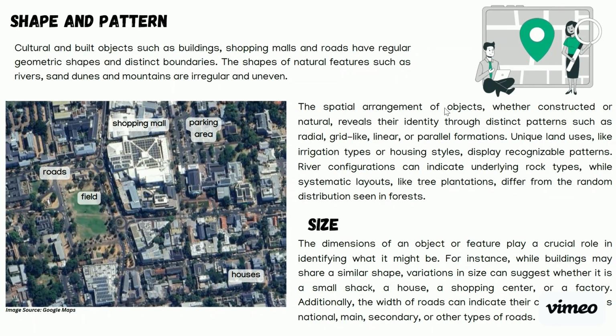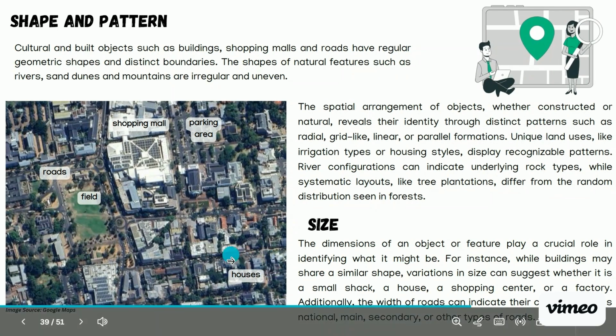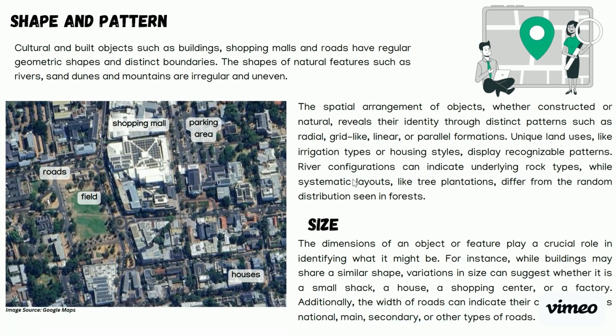Unique land uses like irrigation types or housing styles display recognizable patterns. And here you can see down here are your houses, which is distinct. River configurations can indicate underlying rock types, while systematic layouts like tree plantations differ from the random distribution seen in forests.